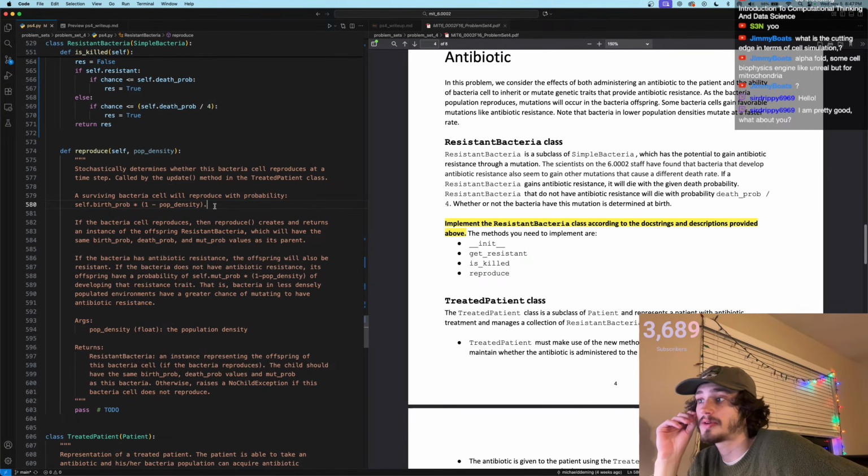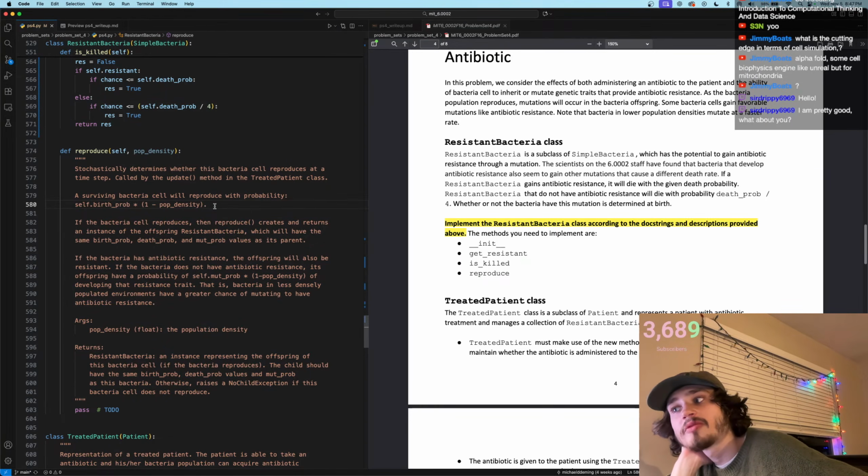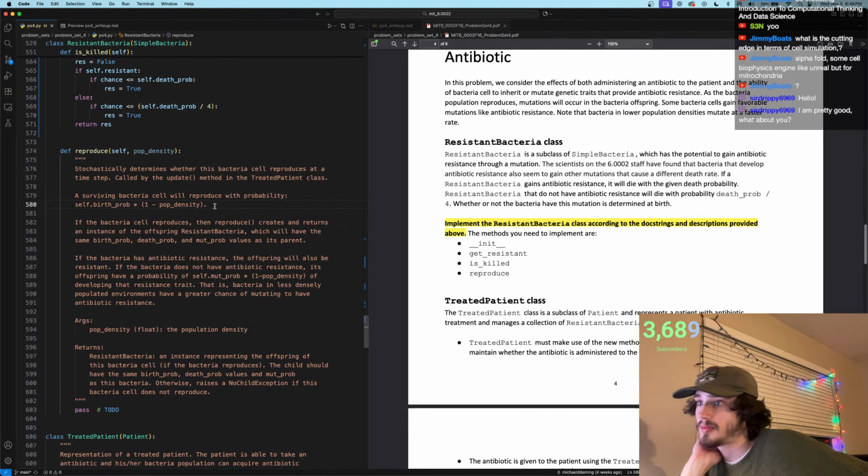If the bacteria has antibiotic resistance, the offspring will also be resistant. If the bacteria does not have antibiotic resistance, its offspring will have a probability of self-mutation probability times 1 minus population density of developing that resistant trait. That is, bacteria in less densely populated environments.